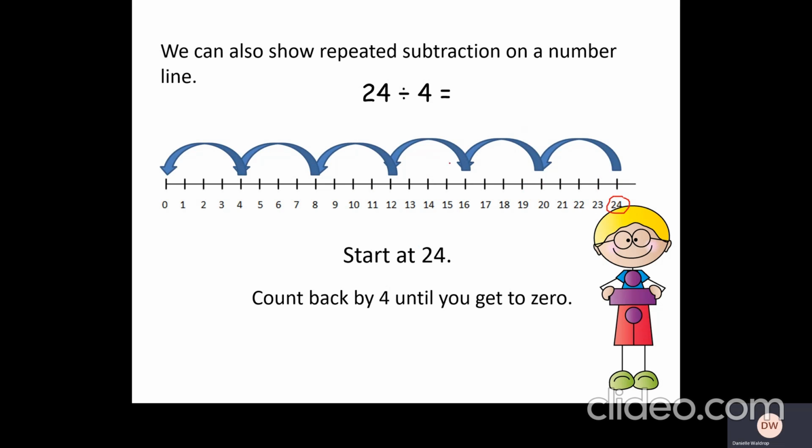And again, 1, 2, 3, 4, repeating until we reach 0. Then how many times were we able to subtract 4? On the number line, you've got to count the hops. 1, 2, 3, 4, 5, 6. So we were able to subtract 4 6 times. So I know 24 divided by 4 equals 6.